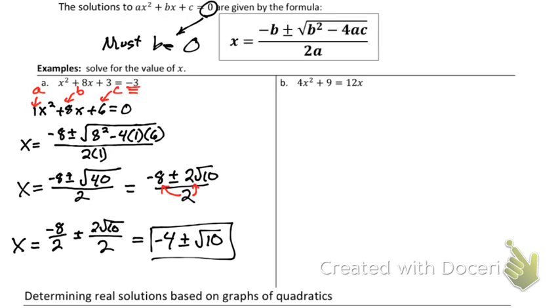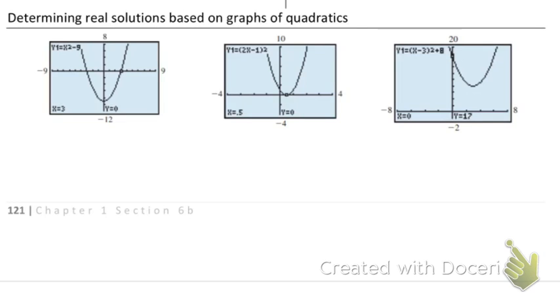So realistically, I'm looking for where y equals 0 on the graph, and y equals 0 right here. That's where y equals 0. So where our graph intersects that line is our solution to that problem.